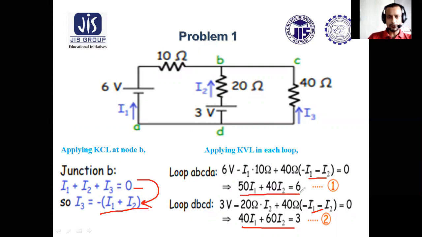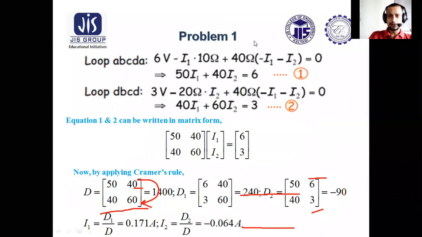So we can solve for these two unknowns to get the solution. We may apply the method of elimination, or we may apply Cramer's rule. Whatever you want to apply, you can. So let us apply Cramer's rule here. These two are two equations.